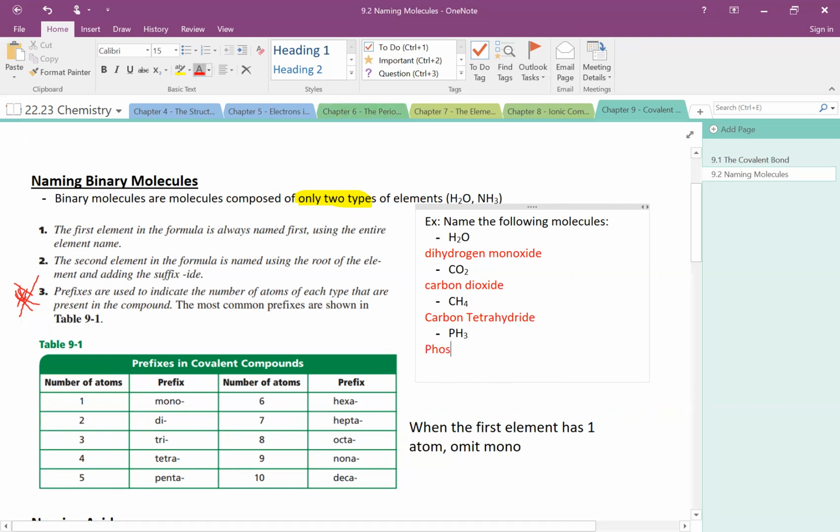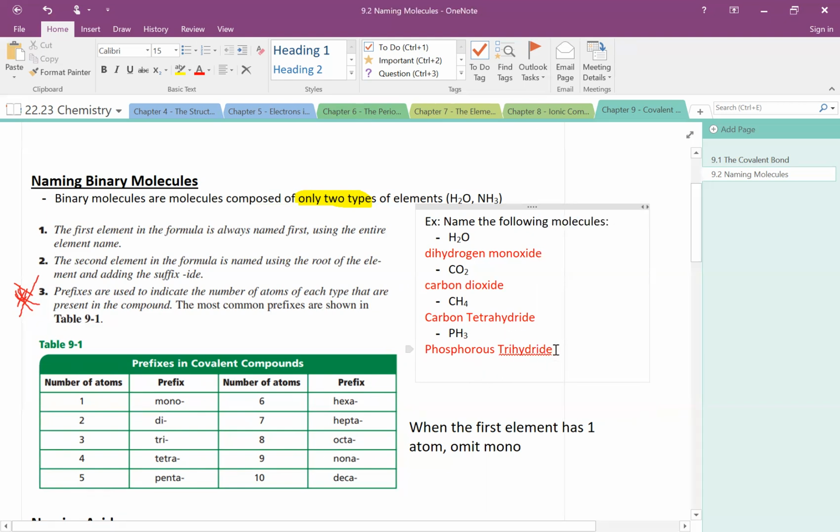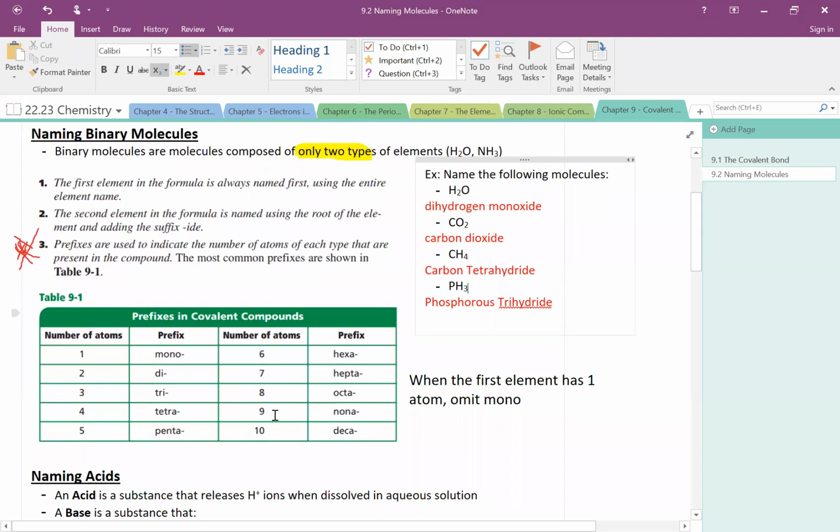There's only 1 of them, so phosphorus, and then I have 3 hydrogens. That would be trihydride. Oh, I spelled it wrong. Anyway, the spelling is probably fine, but that's how we name binary compounds.